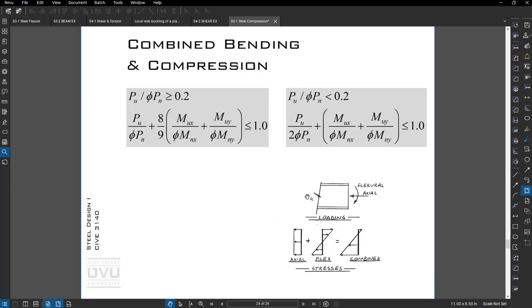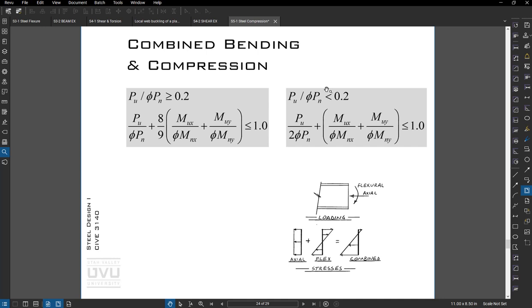All right, the code gives us some simple equations, interaction type equations, where if our axial stress ratio is over 0.2, then we use this equation. We're basically taking the ratio of demand to capacity, adding them up. If it's less than 1, then we're okay.